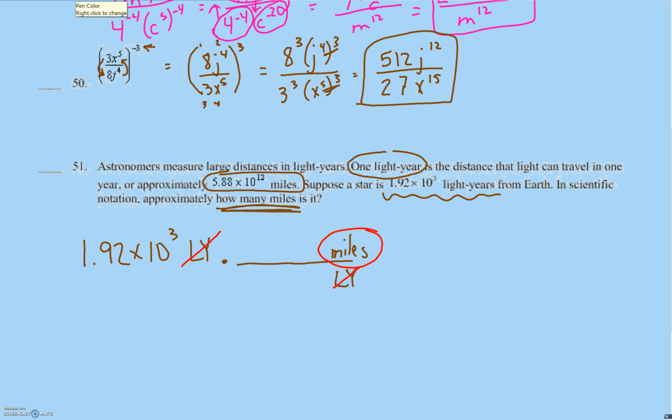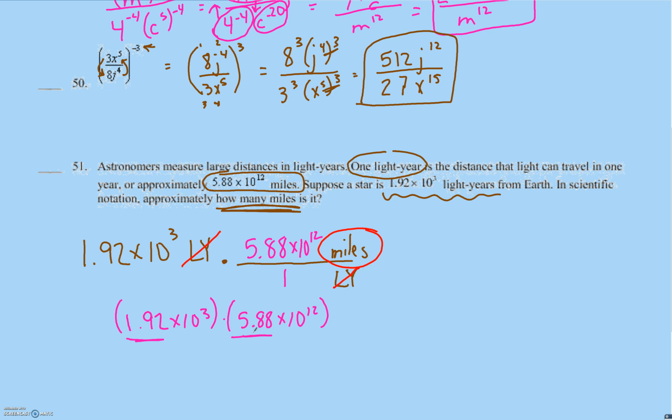I'm going to plug in my values here. It's 5.88 times 10 to the 12th miles in 1 light year. So I'm going to multiply across 1.92 times 10 to the 3rd times 5.88 times 10 to the 12th. We take our number parts and multiply those together.